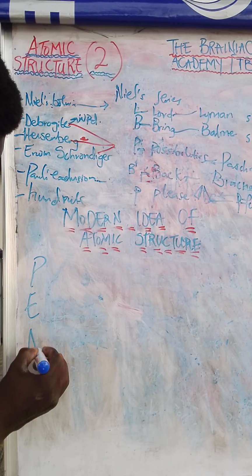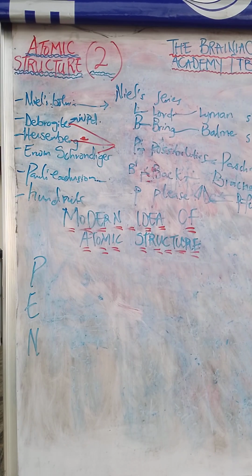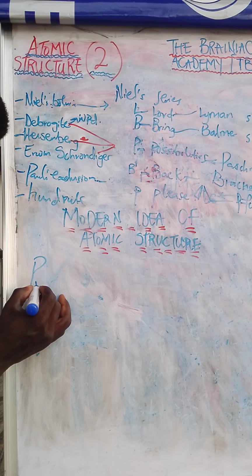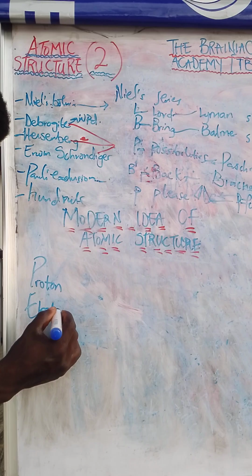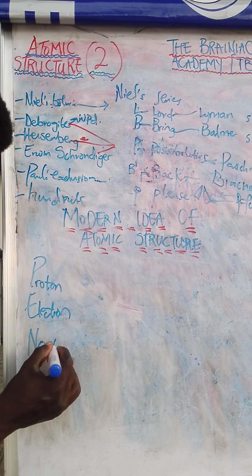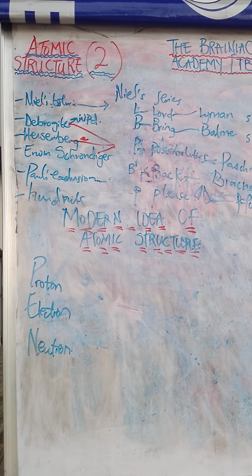Please follow closely. P here is proton, E here is electron, N here is neutron. So it is divisible.